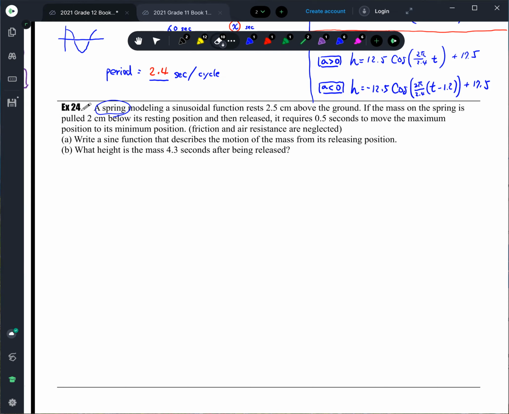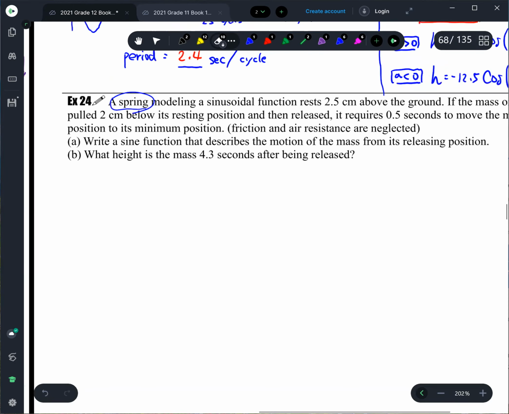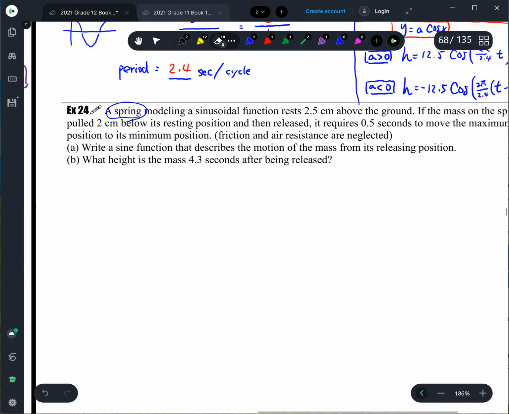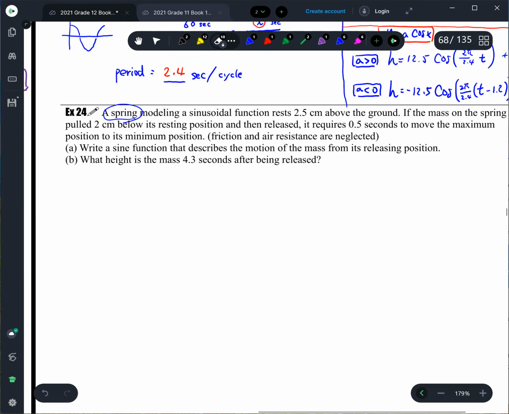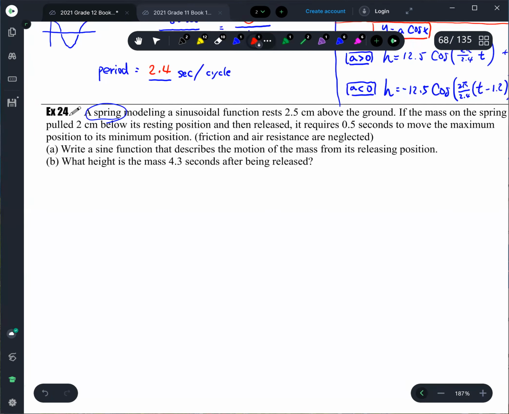Okay, I think there's a typo here. It requires 0.5 seconds to move from, okay, missing one word, from the maximum position to its minimum position.